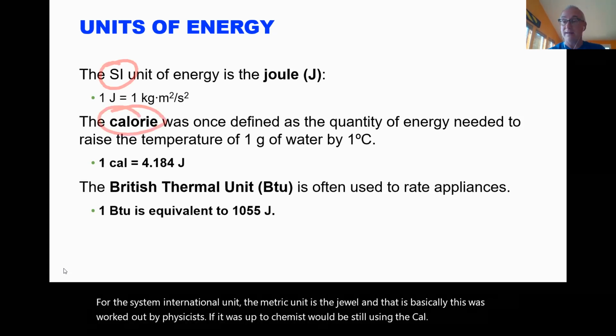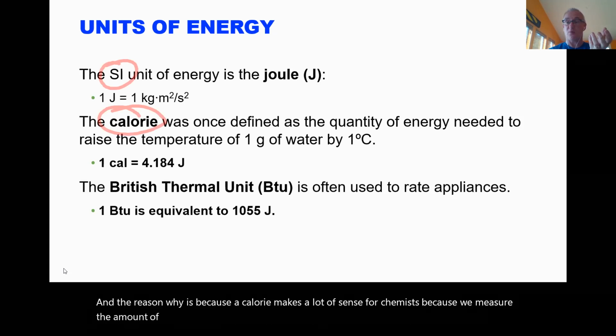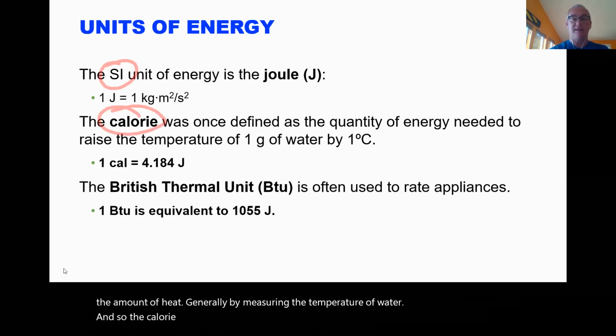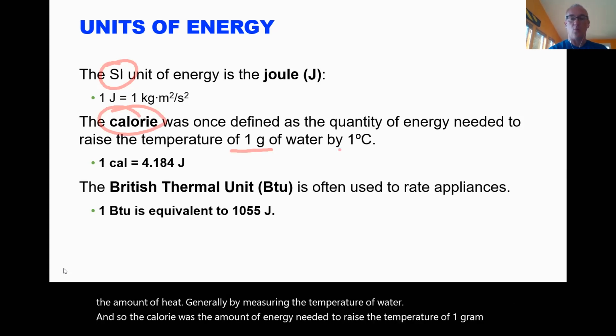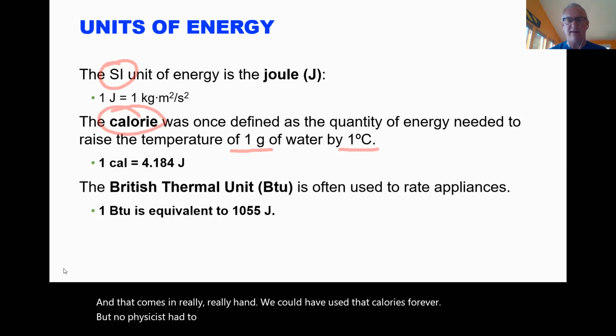The reason is that a calorie makes a lot of sense for chemists, because we generally measure the amount of heat by measuring the temperature of water. The calorie was the amount of energy needed to raise the temperature of 1 gram of water by 1 degree Celsius. That comes in really handy. We could have used calories forever. But no, physicists had to come along, as they usually do, and ruin everything.